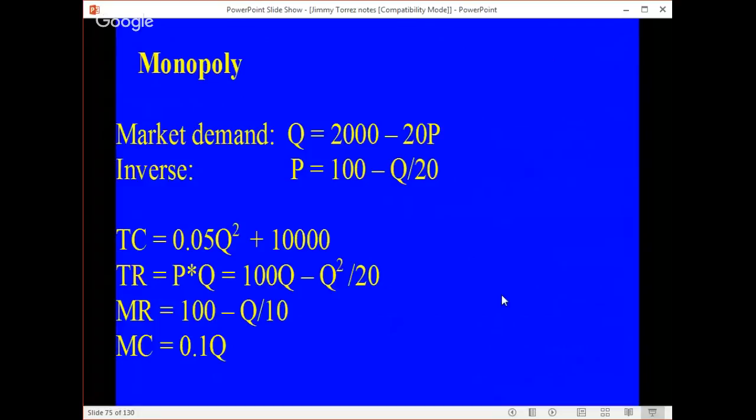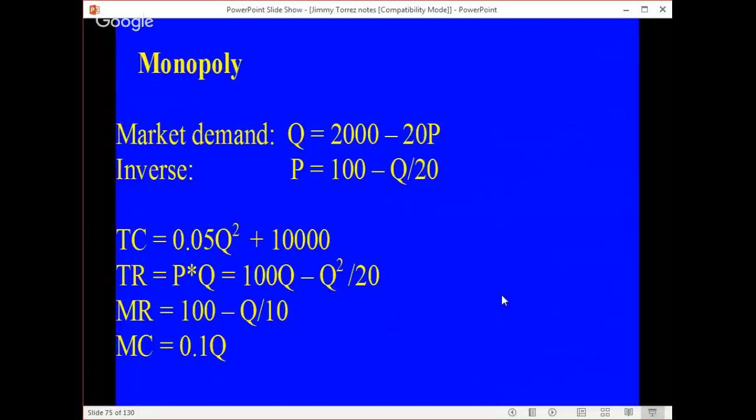So I have 100 is equal to 0.1Q plus 0.1Q, or 100 equals 0.2Q, or 100 over 0.2 equals Q equals 500.